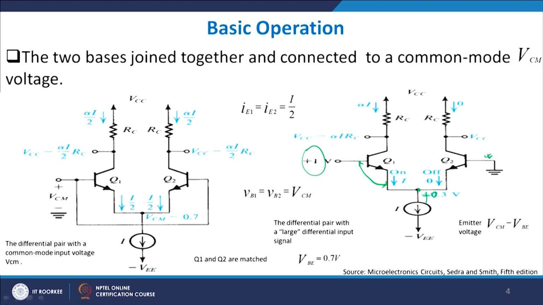Now, if you give a base which is grounded, the base to emitter junction will be just 0.3 now, because this is 0 and this is plus 0.3. Please understand this is an NPN transistor. So, you are reverse biasing your emitter base junction, right, and therefore, Q2 will be basically cut off and Q1 will be on.